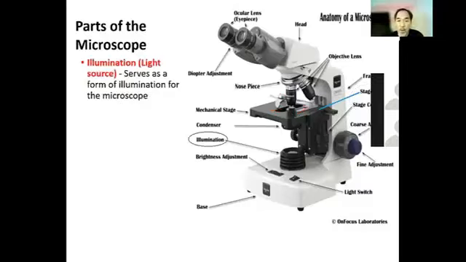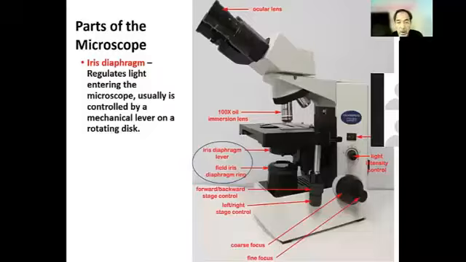Now, the next one is the illumination. This is the form of illumination with a microscope, and this is where the light comes from. Light goes into the slide so you can actually see it on the microscope. That's called the illuminator or the light source.